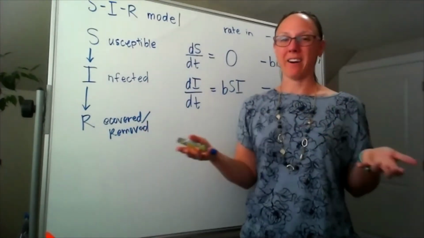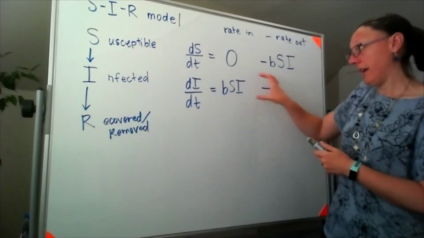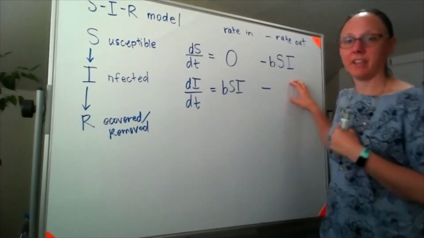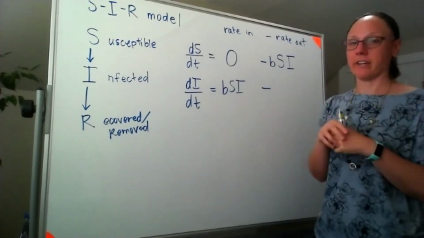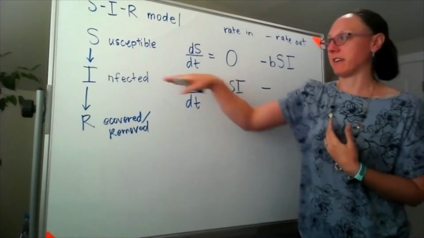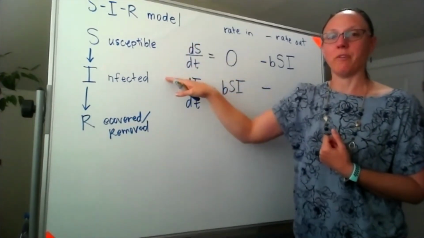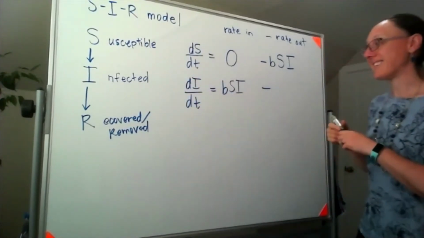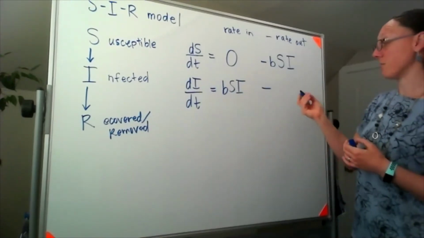The underlying assumption here is that we can't move out of the infected phase and back into being susceptible. We can only move out of the infected phase and into the recovered, which means we need another constant. The one our textbook chooses is mu.